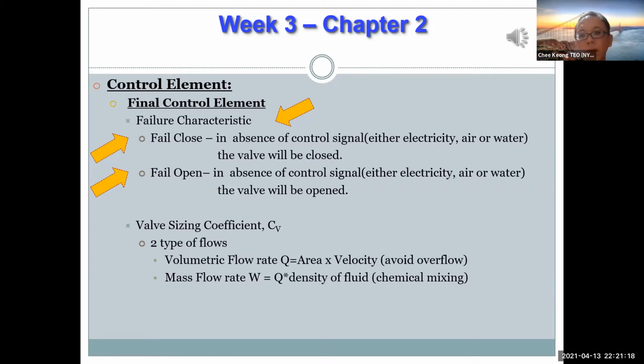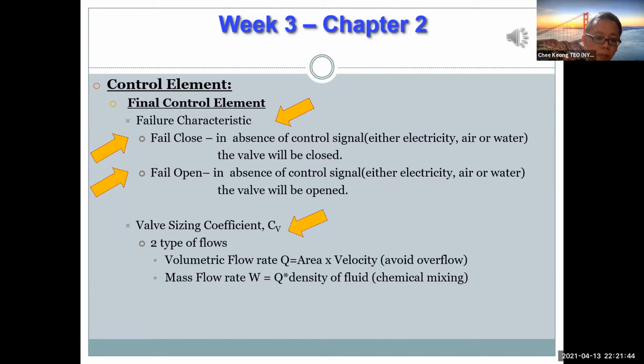However, if the opposite is true, meaning in the absence of air the valve is open, then this is a fail open valve. The consideration of whether to use fail open or fail close is very much tied to safety. For example, to prevent hot water from flowing out and hurting someone, we close the valve. We use a fail closed.